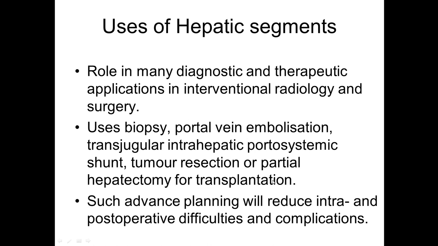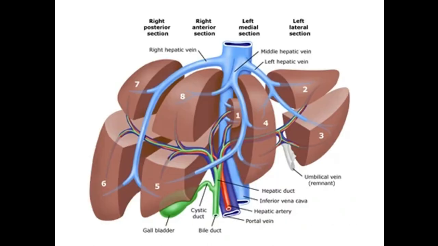Such advanced planning will reduce intra and post-operative difficulties and complications. So that's why hepatic segments are very important. These are the 8 hepatic segments we discussed. You can be asked to draw a diagram showing the hepatic segments.